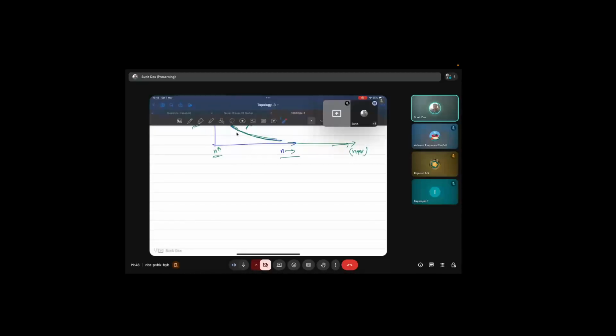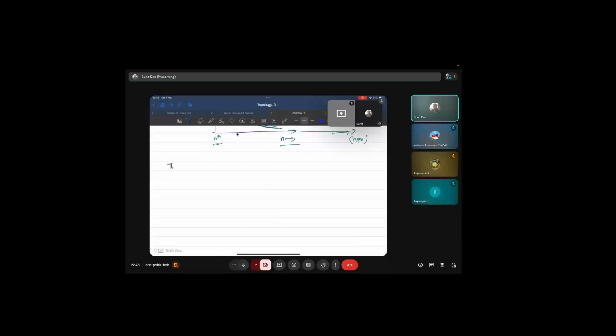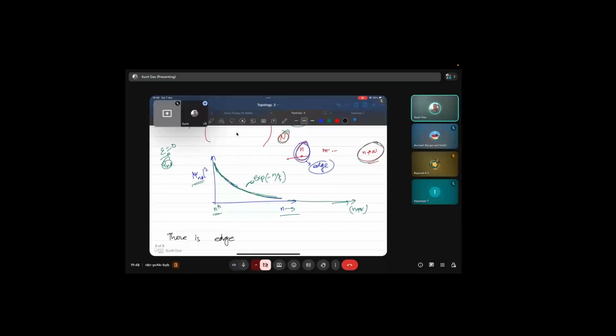So what we learned is that there is an edge state, and similarly there will be an edge state at the right end also, right? So we have drawn from the left end, and the right end also will have it.